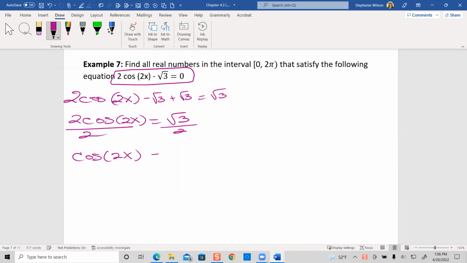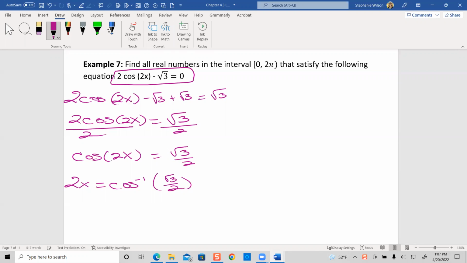Now let's get x by itself. So we're going to take the inverse of cosine. Now I know what S is, right? And when you go to the unit circle, or you plug it in, make sure to change our calculator to radians right quick. I'm taking the inverse of square root of 3 divided by 2.